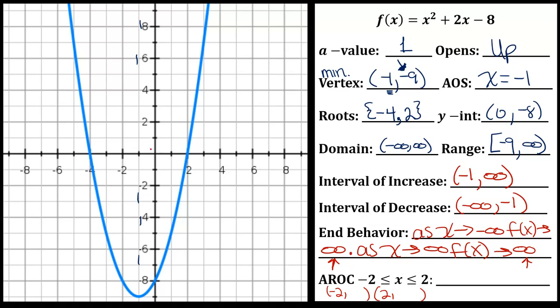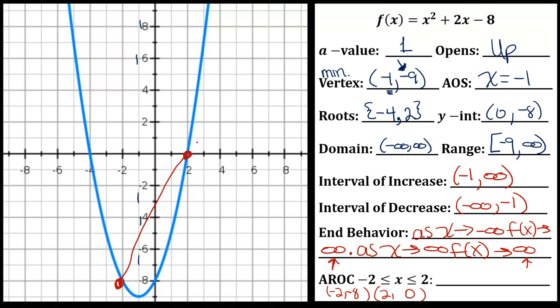So when x is -2, I'll go to -2 on the x-axis, and then I'll locate the point on the graph. Our output is -8. When x is +2, y is 0. So you could do this algebraically, y2 minus y1 over x2 minus x1, but since we have a graph, we're just going to do it graphically.